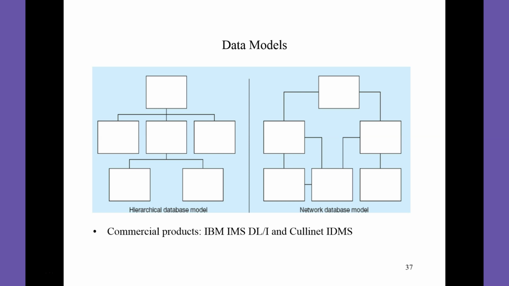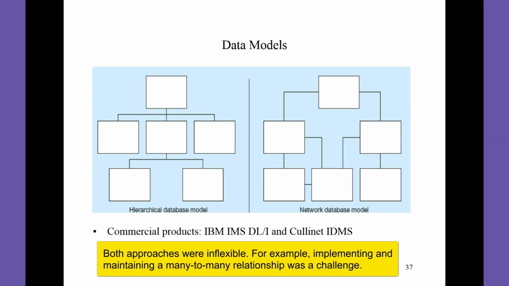While these approaches provided a means of organizing data, they were actually quite inflexible. For example, many-to-many relationships were impossible in hierarchic databases. And although they were possible in network models using the set member relationships that we described, they were actually difficult to modify.